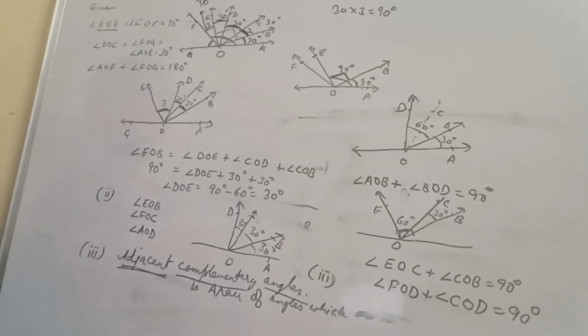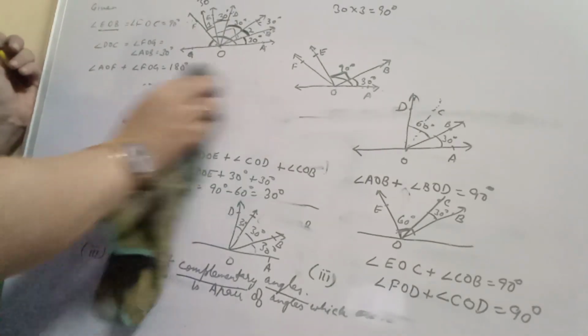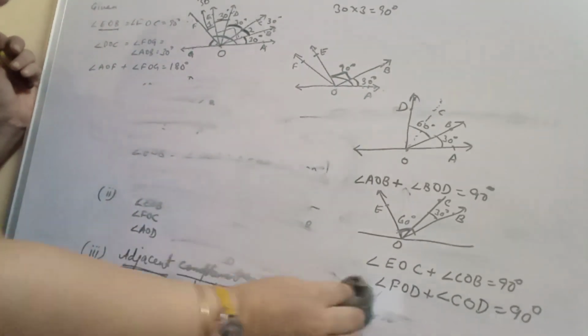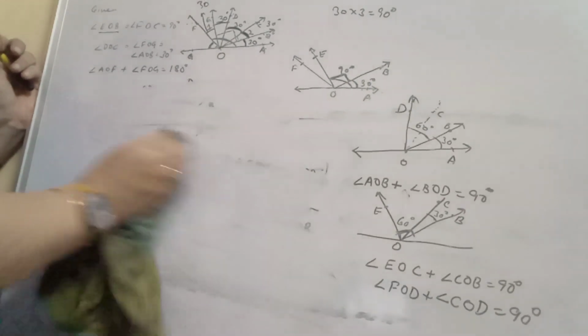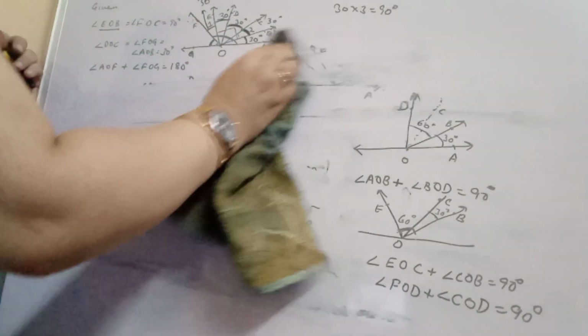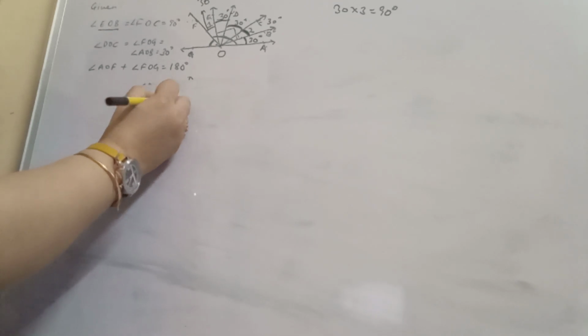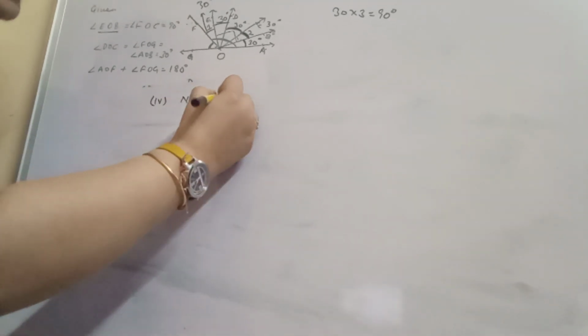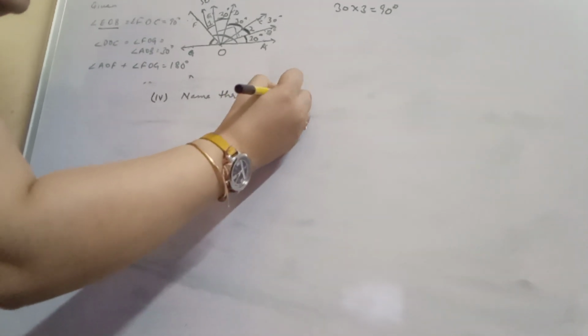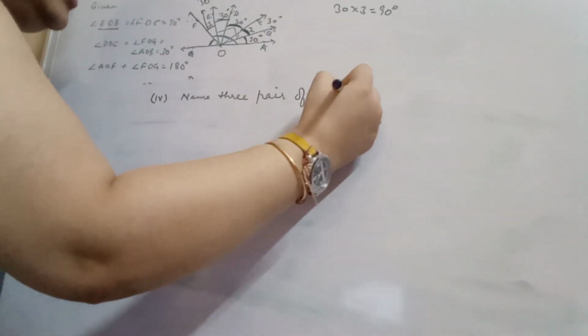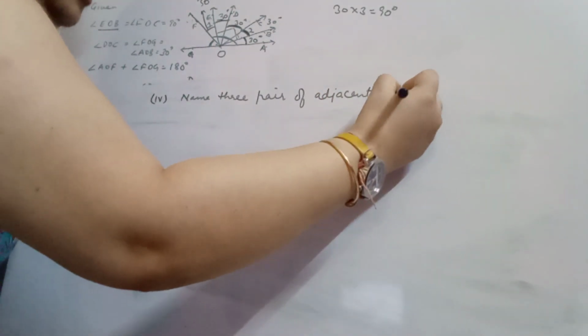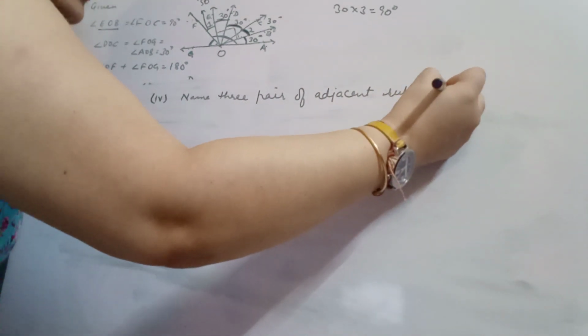Then next is adjacent supplementary angle. Name 3 pairs of adjacent supplementary angle.